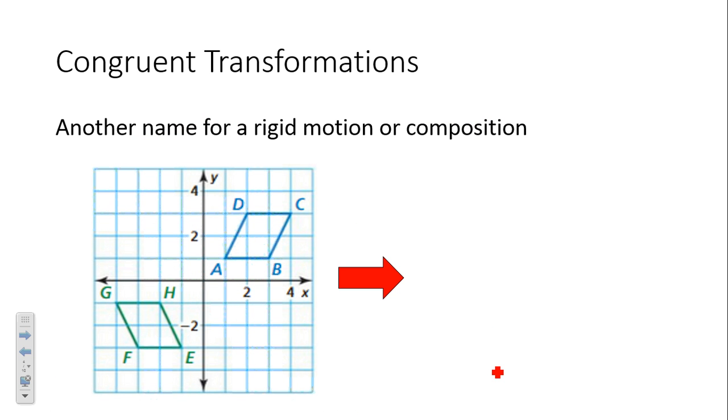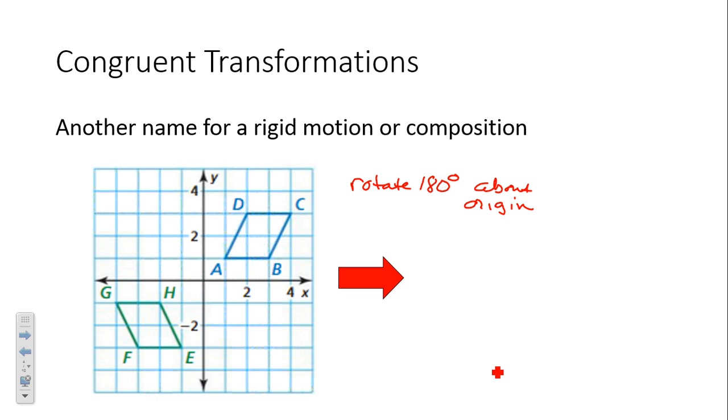Here's the next figure. How can we talk about this one? It's a rigid transformation or composition. It's a congruent transformation. What did we do to quadrilateral ABCD to get quadrilateral EFGH? Okay. Some are saying rotate 180 degrees about the origin. Okay, you could check your points and be sure, or rotate it on your paper and see.